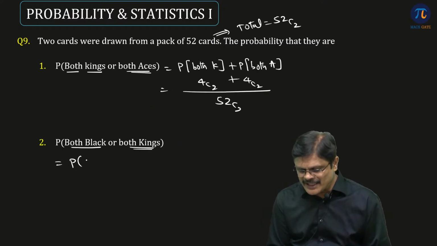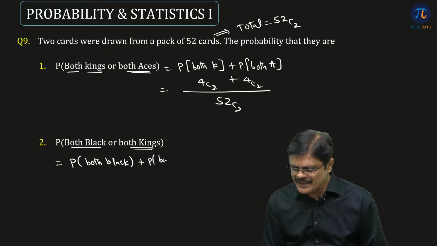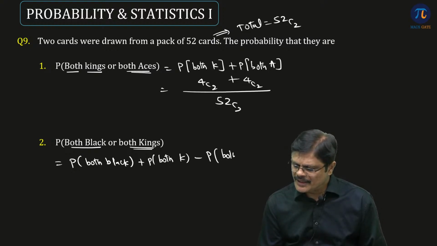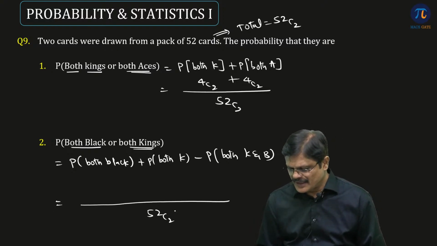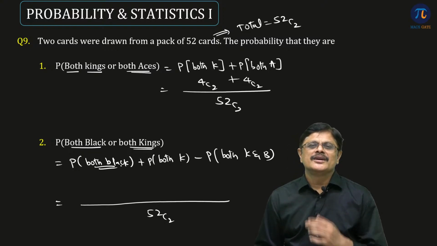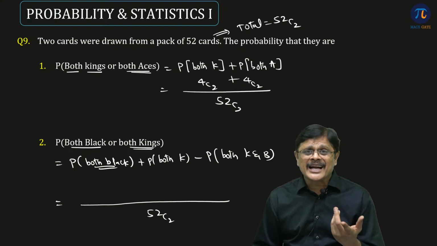So it is the probability that both are black, plus the probability that both are kings, minus the probability that both are king and black. So the denominator is anyhow 52 C2. Tell me, both black: total, how many black cards are there? 26.